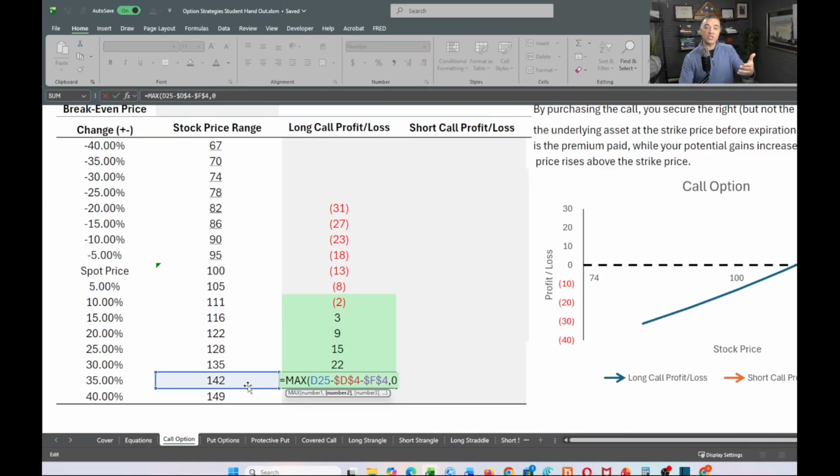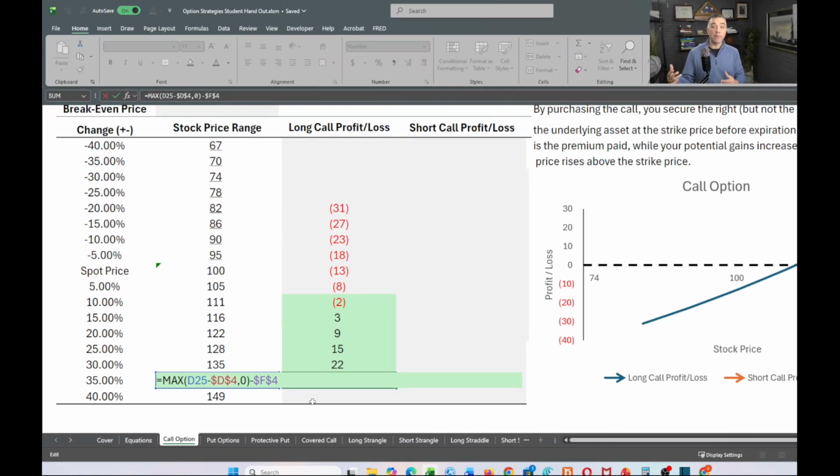So a max function is perfect because, okay, I forgot to do one thing here: the max function does not include the premium. So what I need to do is go into that stock minus strike, hit the 0, and then close up the max function. Let me explain further: if it's negative, it's going to take whatever's greater, the 0 or a negative number, so it takes 0.